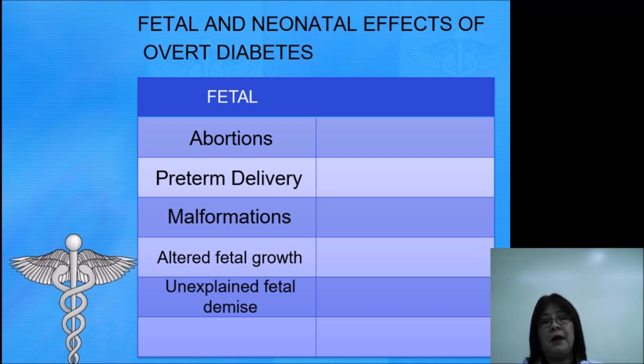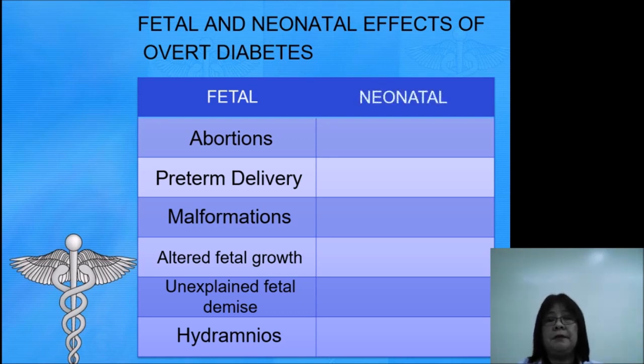Most diabetic mothers have a risk of fetal demise prior to delivery because of fetal hypoxia, because the glucose is competing with the oxygen that should be delivered to the baby. Another will be hydramnios, or too much amniotic fluid.